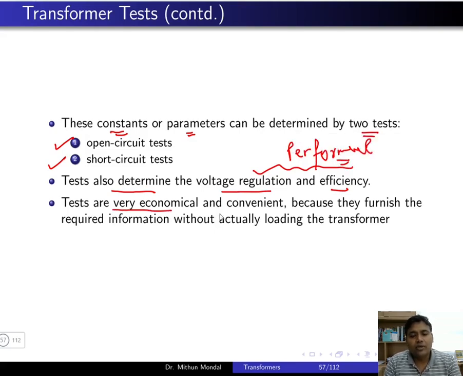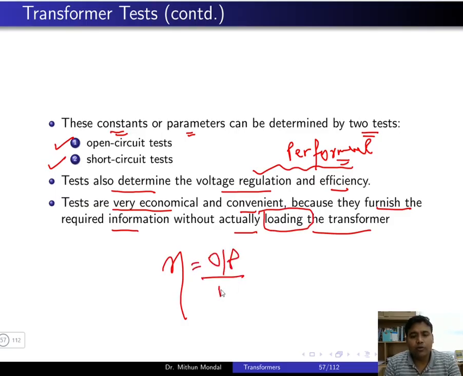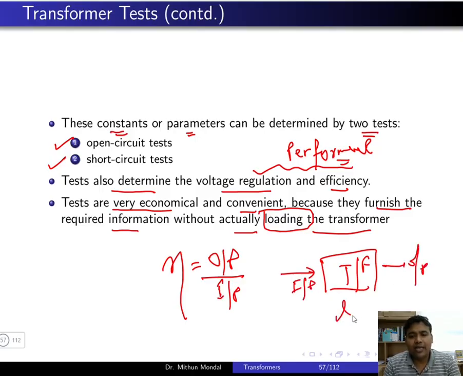Tests are very economical and convenient because they furnish the required information without actually loading the transformer. Generally, if we load a transformer to find the efficiency, which is basically output power by input power, then suppose you give some input to the transformer and measure the output, heavy losses will occur in the transformer.